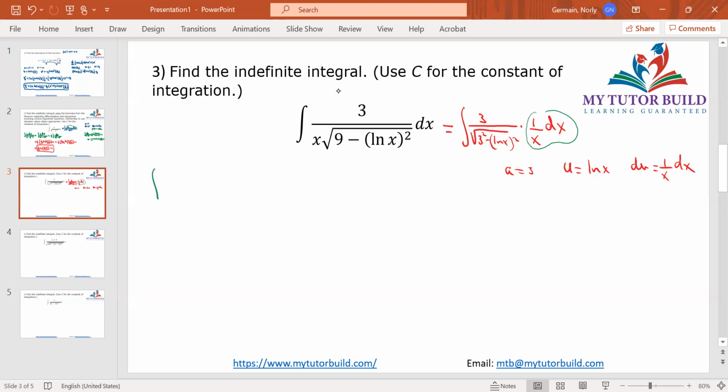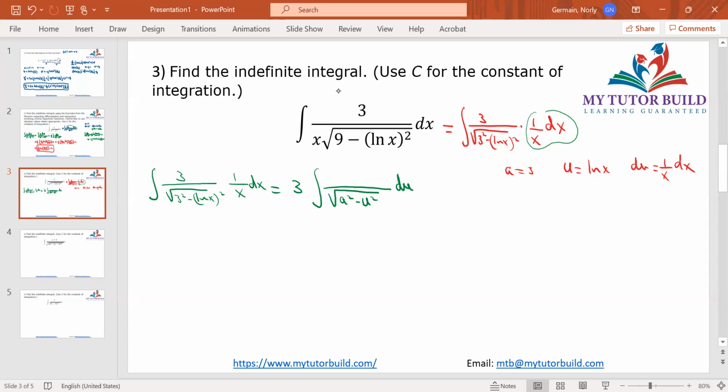Now, taking our 3, let's put the 3 outside. As we said, having the 3 over square root of 3 squared minus ln x to the power 2, times 1 over x dx, we can bring the 3 outside, okay? Then we have square root of a squared minus u squared, because 1 over x dx is du.